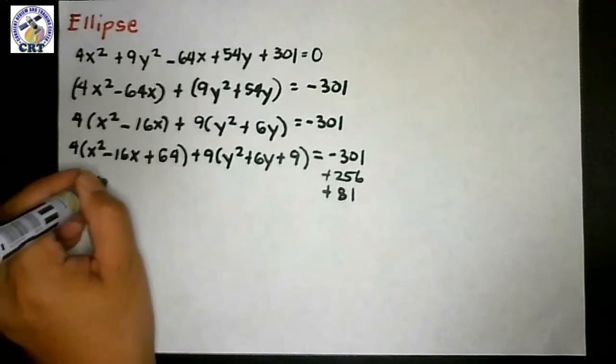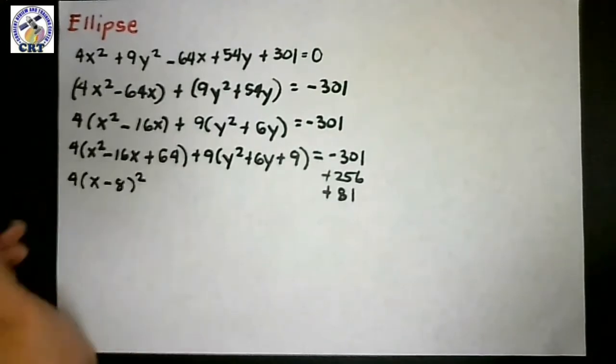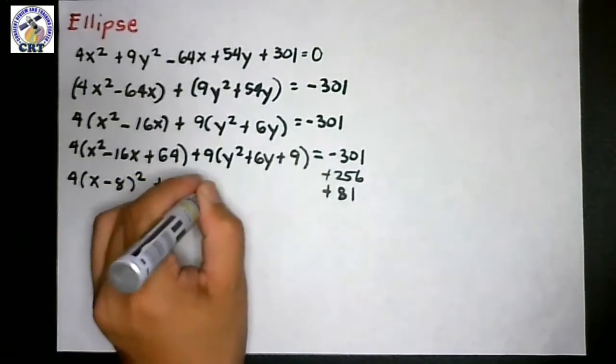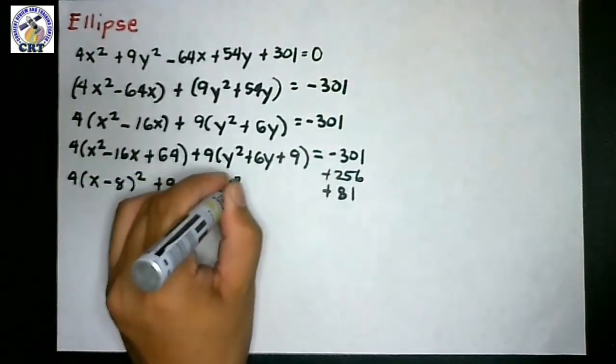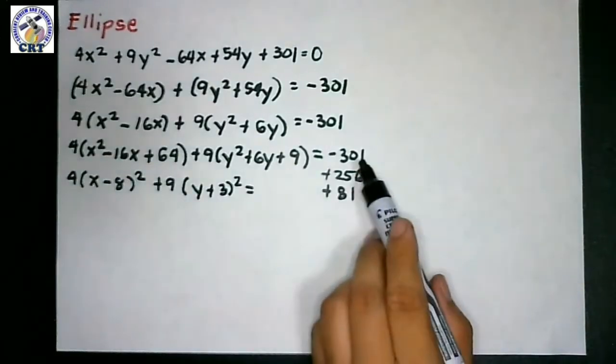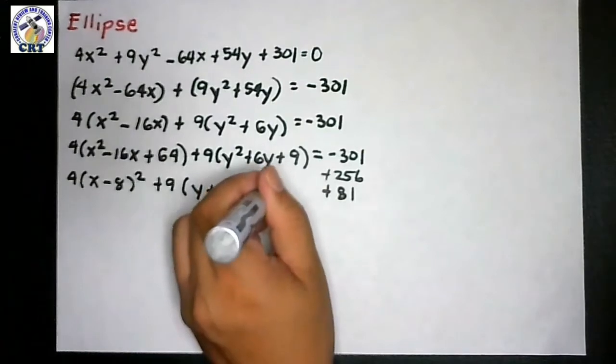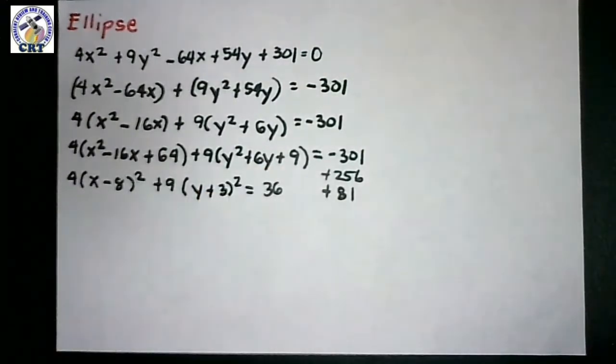So, this is x minus 8 squared plus 9 times y plus 3 squared equals, so, simplify lang natin yan, negative 301 plus 256 plus 81. So, this is 36.